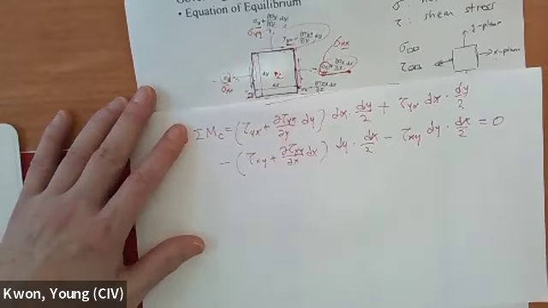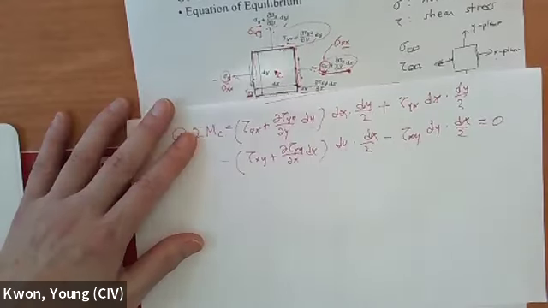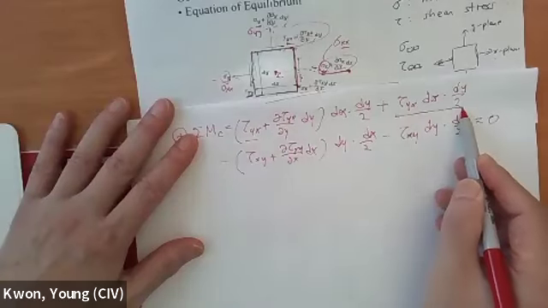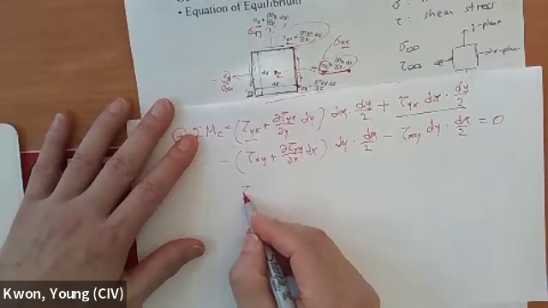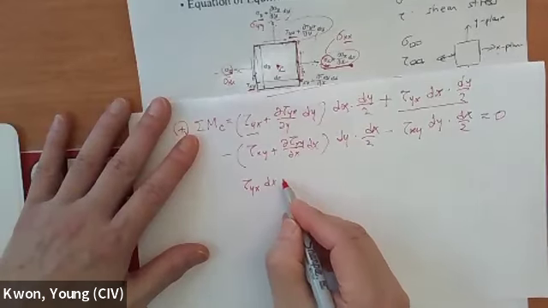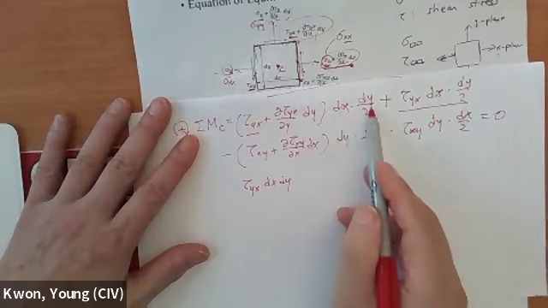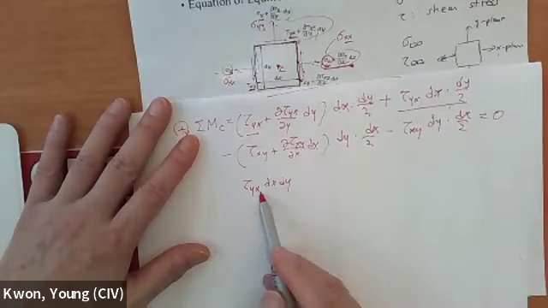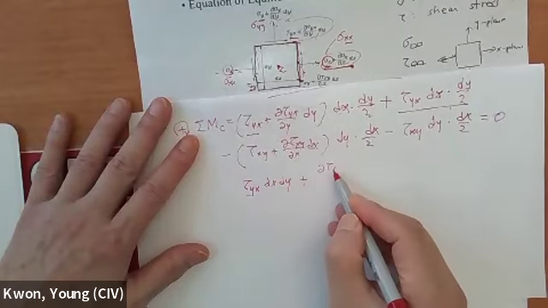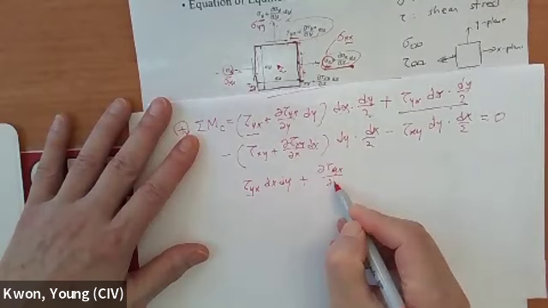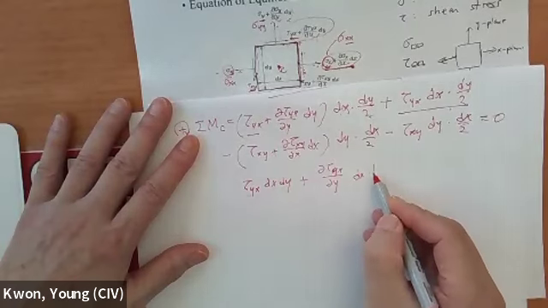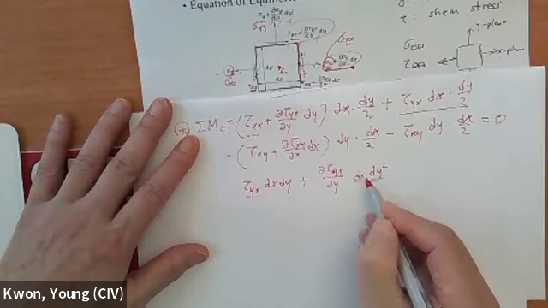Okay, so what do you see here? This and that give tau sub yx dx dy, right? Times dy divided by 2, and then this one gives partial tau sub yx partial y, dx and dy squared over 2.